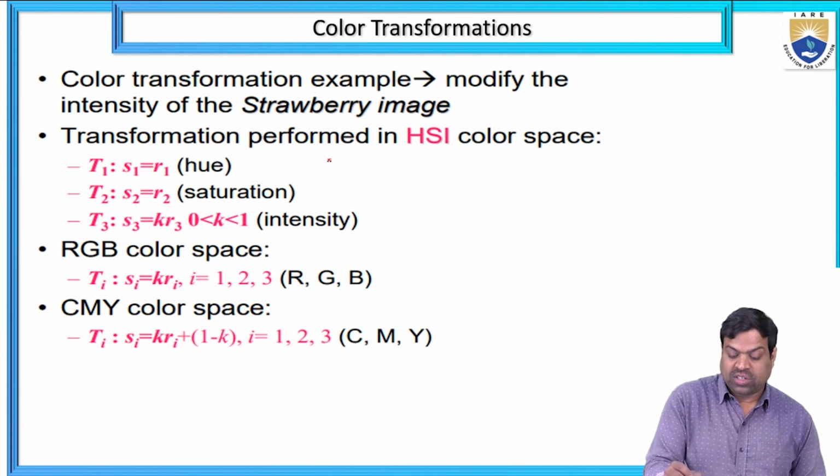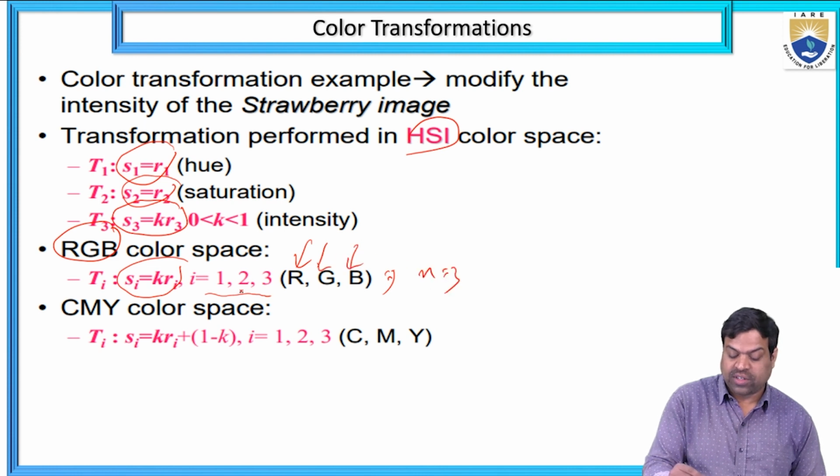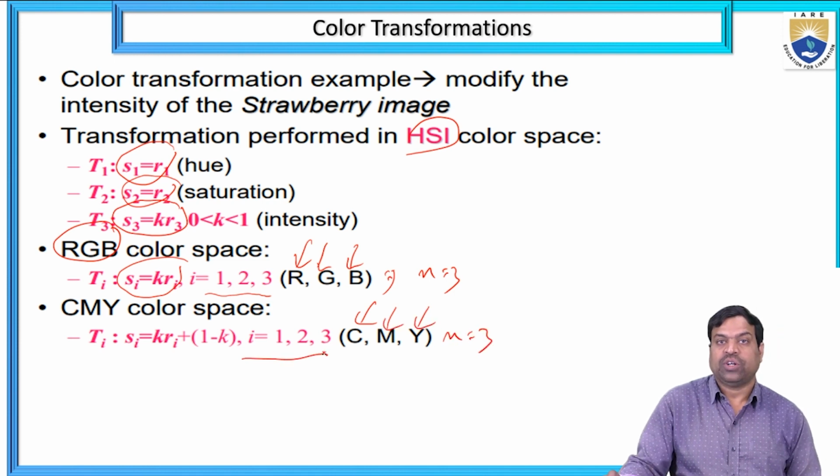So when I am using the HSI, S1 equal to K into R1, S2 equal to K into R2, S3 equal to K into R3. When I am going for the RGB, S_i equal to K into R_i, i equal to 1, 2, 3. Why? Because 3 colors are there. So n equal to 3, i equal to 1, 2, 3. When I am using the CMY, that is n equal to 3, then i equal to 1, 2, 3.